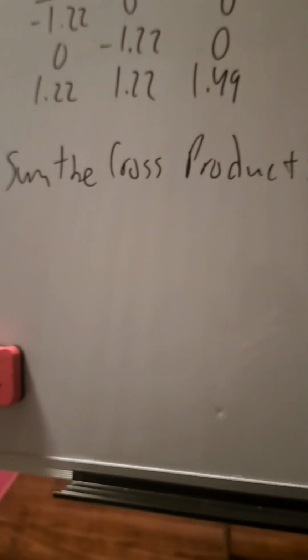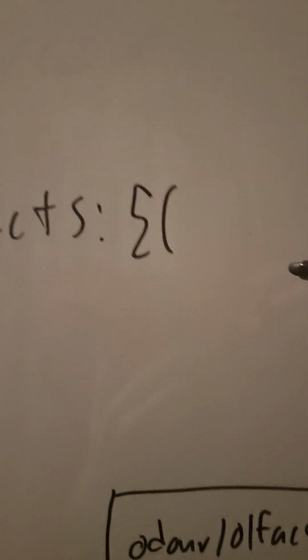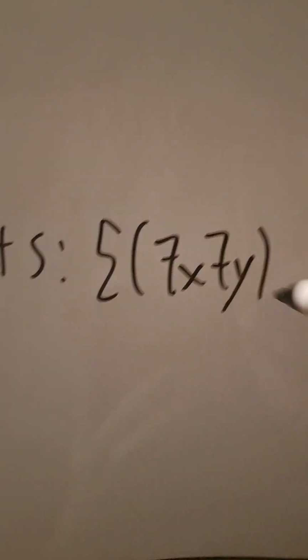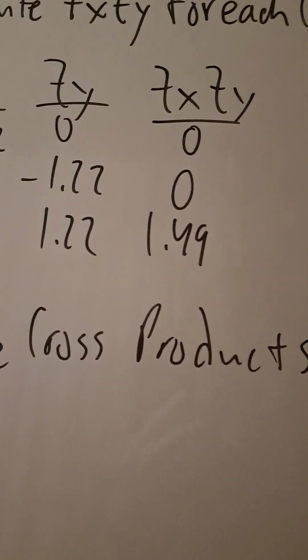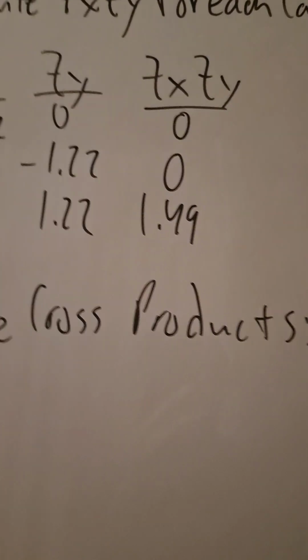This looks like something you should be familiar with, our sigma sign: sigma, z of x, z of y, close parentheses. We're going to sum those up. This one's really easy. Just add these three numbers up: 0 plus 0 plus 1.49 is equal to 1.49. So that is the sum of our cross products in this case.